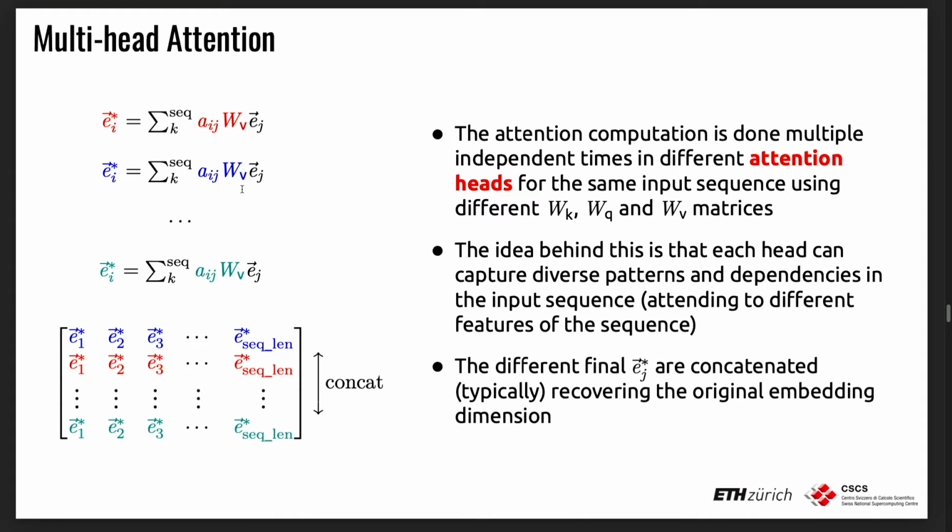And the idea is that maybe one head is going to pay attention to this gender thing that I said, or another one is going to look at specific words, how they appear one after the other, another one at whether it's plural or singular, this kind of effect. And since they are smaller, afterwards they are all concatenated in the direction of the dimension of the embedding, keeping here the same sequence length.